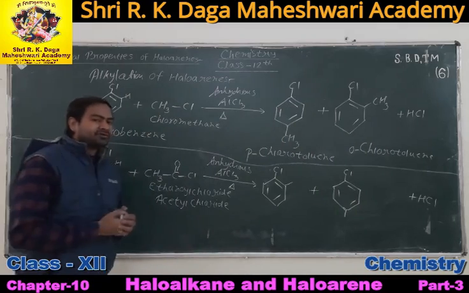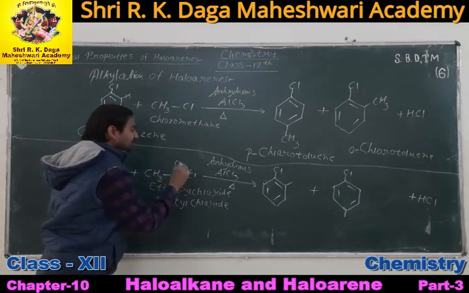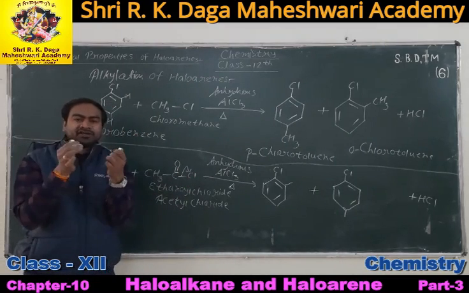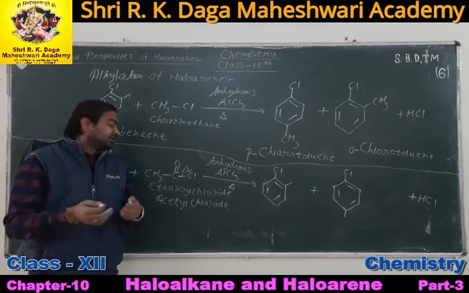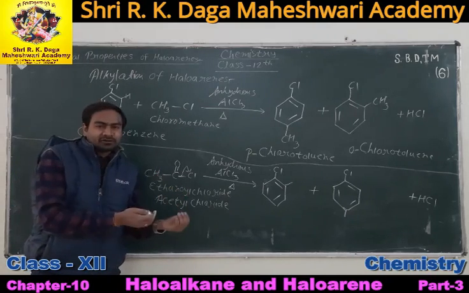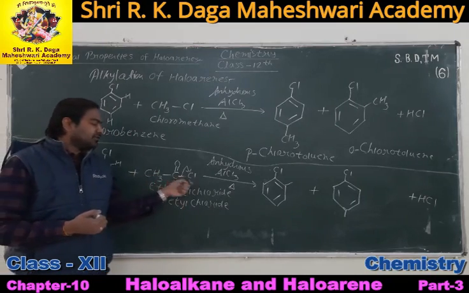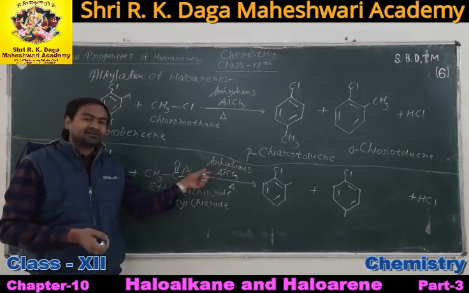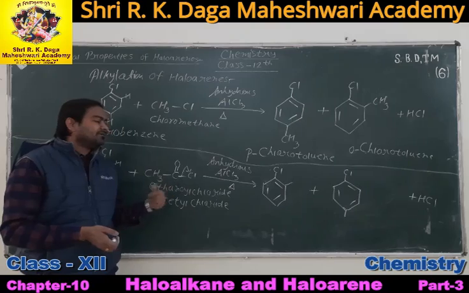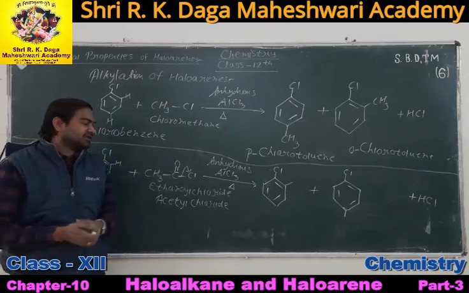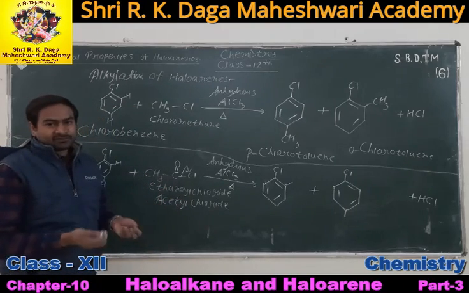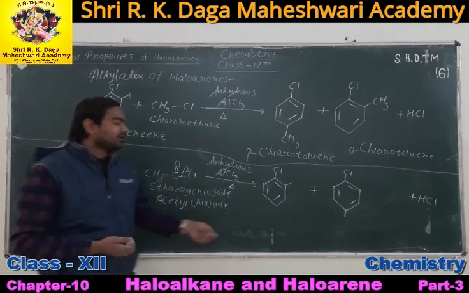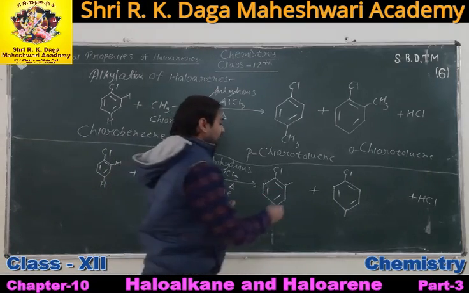Here the positive charge will come on the carbon, as whenever the bond is dissociated, it will be heterolytic. The chlorine will withdraw the electron of the carbon towards itself with the help of the AlCl3, and that's why the carbon forms a carbocation with positive charge, which is an electrophile obviously. That electrophile will attack on the ortho or the para position. So what do we get?